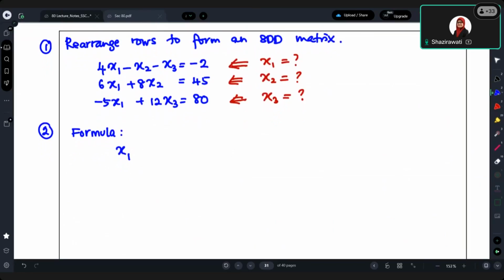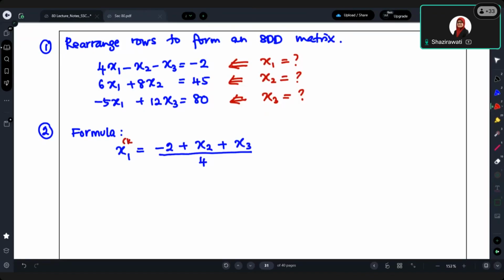Okay, so x1 equals to, kita ada negative 2 at the right hand side, so plus x2 plus x3, over 4. So that is the formula for x1. Kalau kita letak macam ni sahaja, you tak dapat markah penuh. So yang penuhnya macam mana?